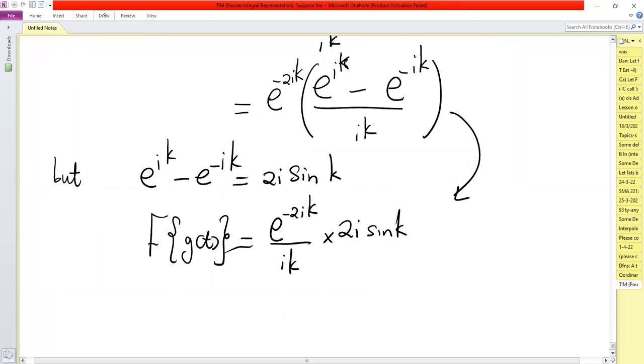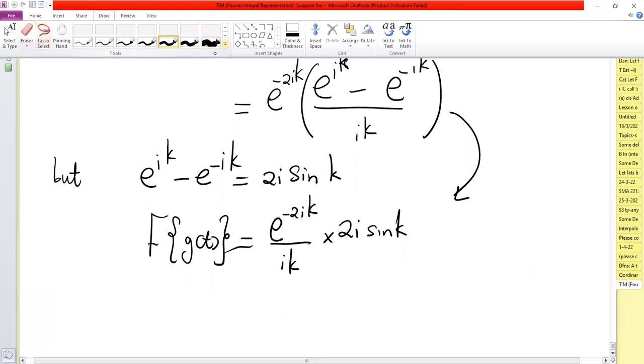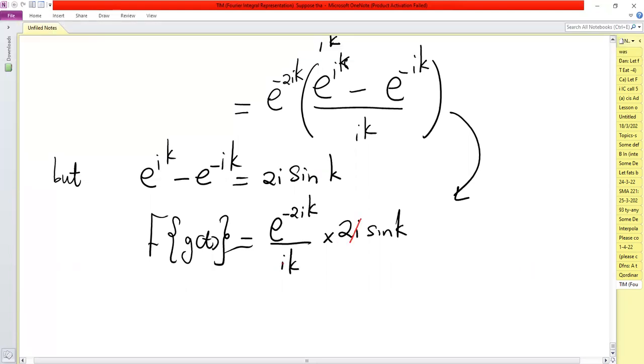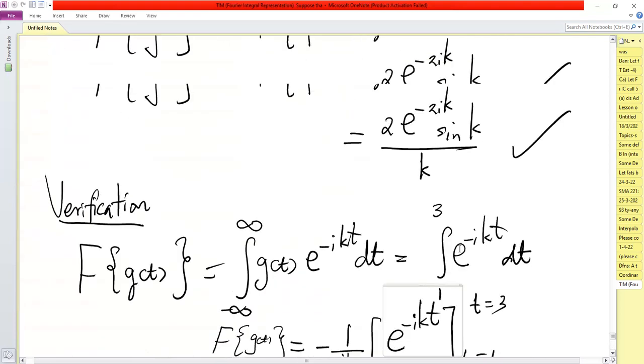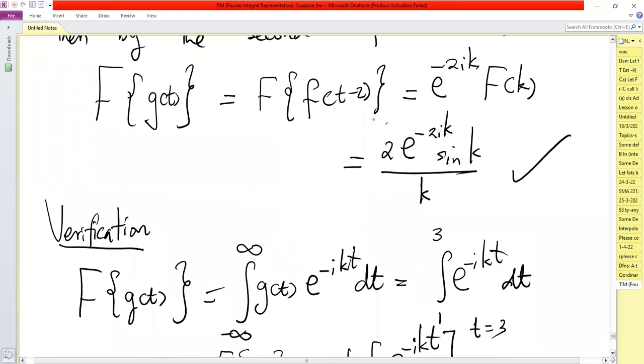And you see i and i cancel out, so that this will be 2 e raised power negative 2 i k sine of k divided by k. And indeed, this is the same answer that you obtained by the second shift theorem.